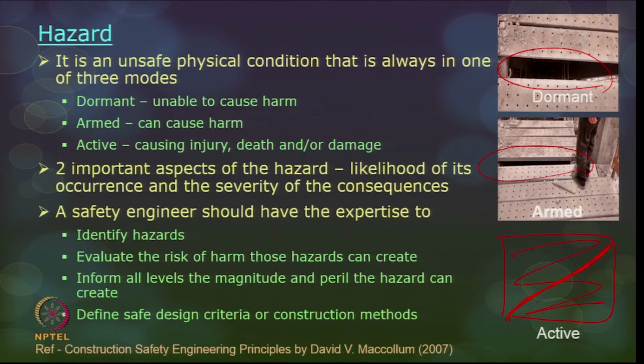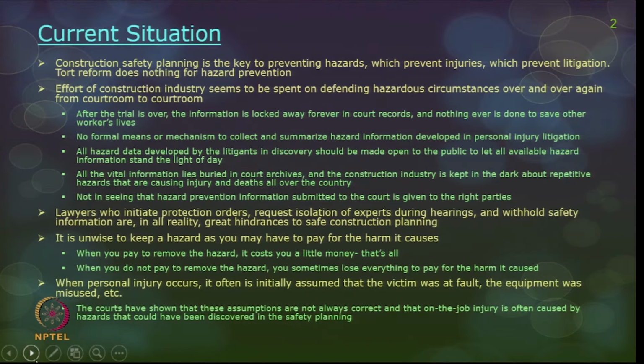Risk includes the hazard, the dangerous situation, plus the exposure to that situation. It informs all levels of the magnitude and peril the hazard can create, and helps define safe design criteria or construction methods to eliminate, or at least try to get rid of, the hazard.